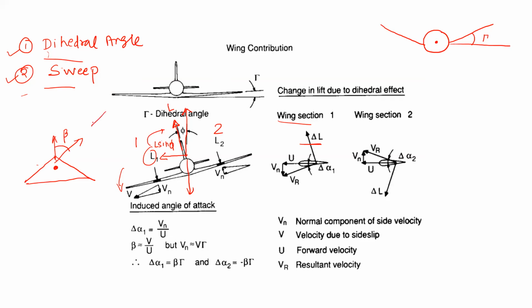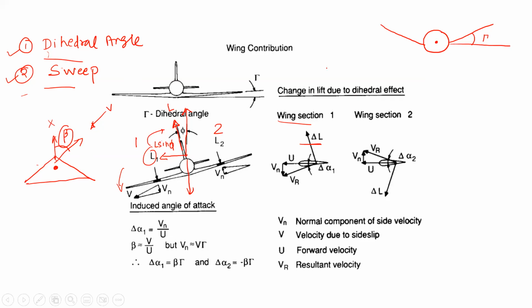You are receiving the relative air in this direction, while your body frame x-axis is like this. So there is an angle beta between the x-axis and the relative velocity vector. This happens right after the roll. If you have a non-zero roll to one side, then a sideward force L sine phi produces a beta angle, and the air is coming from the side.